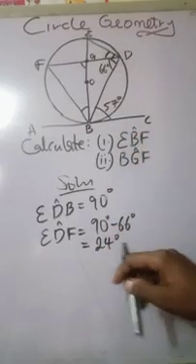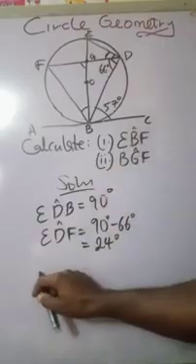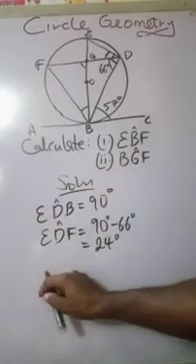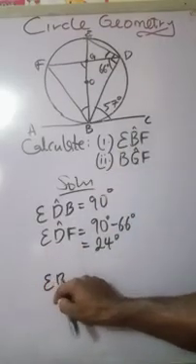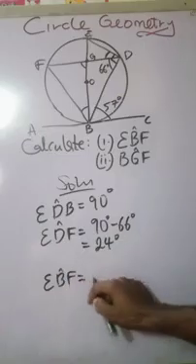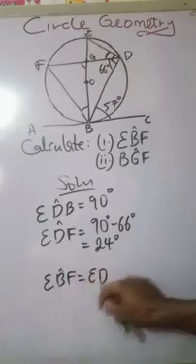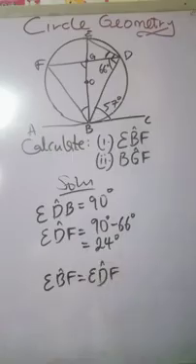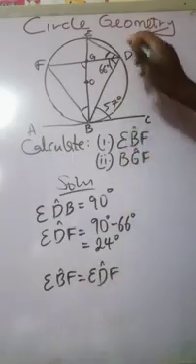Now here is the next theorem that gives us the first item we're looking for. Angle EBF is equal to angle EDF, and the reason is simple: angles in the same segment.